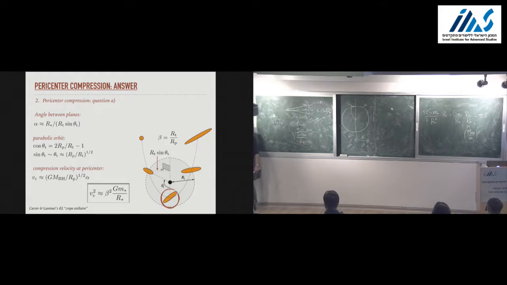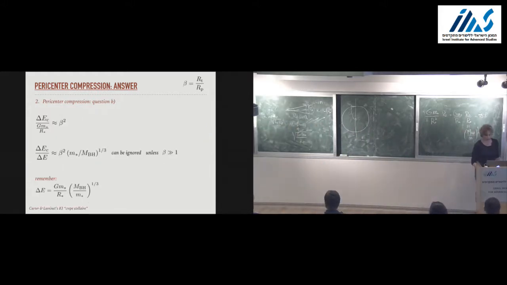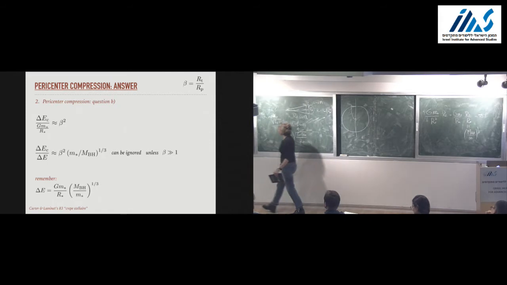So we know how it compares with the binding energy of the star. And if I divide this compression energy by delta E that we derived before, this is the expression, and again it can be ignored unless beta is much greater than 1. But also, you see that it becomes important if the black hole mass is small.